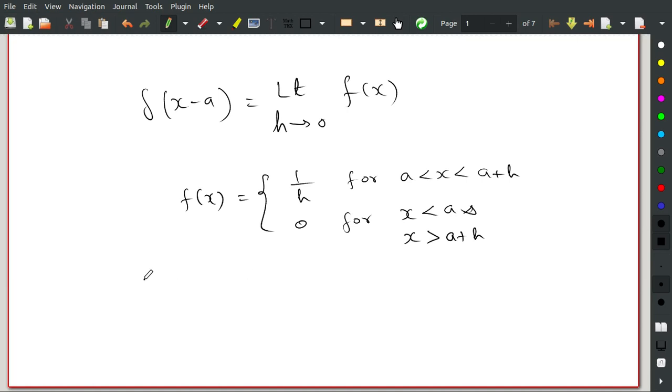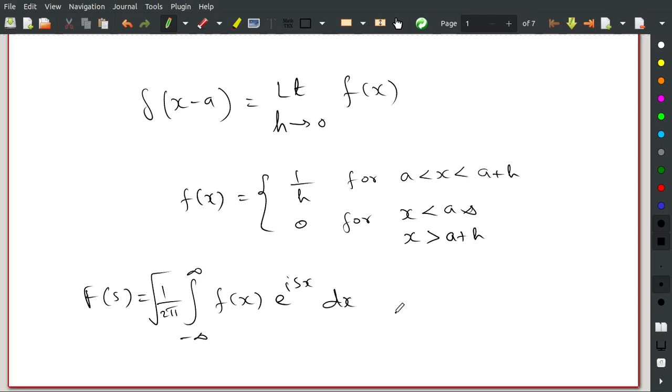Therefore, we know that the Fourier transform of f of x equals root of 1 by 2 pi, integral minus infinity to infinity, f of x e power isx dx, right?